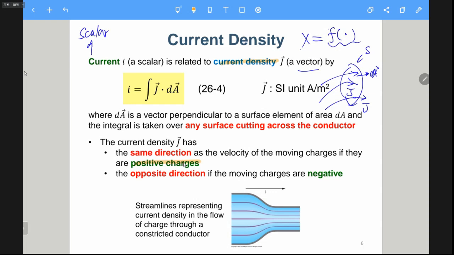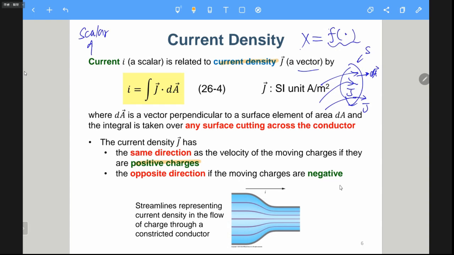When you consider the moving direction of the electron, it is the other way around, the opposite direction. Of course we now know the moving charge is the electron, which is negative.